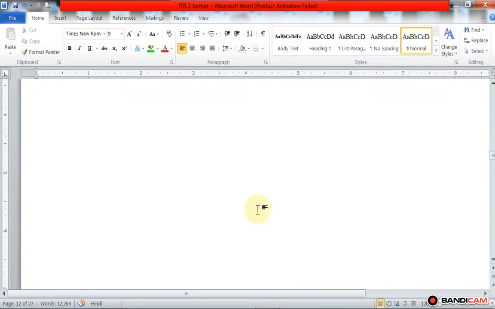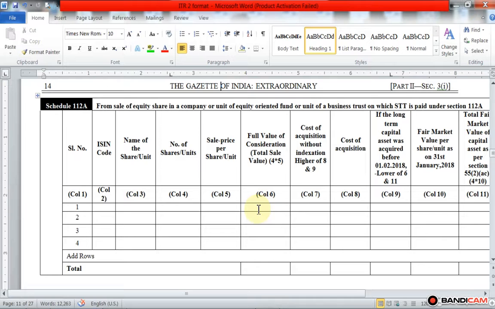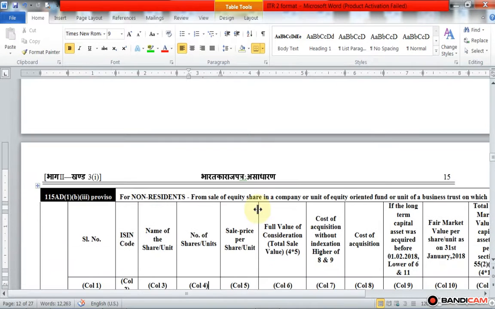Here we studied Schedule 112A relating to the sale of equity shares on which STT was paid by the SEC under section 112A. The 115AD subsection 1B3 provision relates to non-residents, the SEC, for sale of equity shares in a company or unit of equity-oriented fund or unit of business trust on which the STT was paid by the SEC.